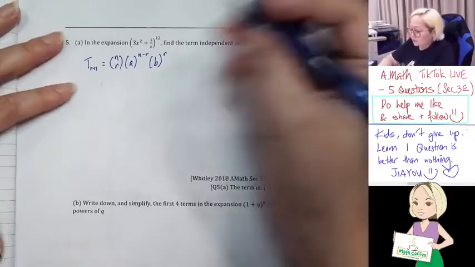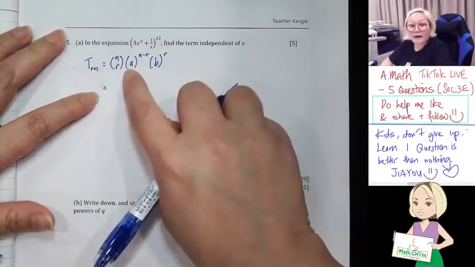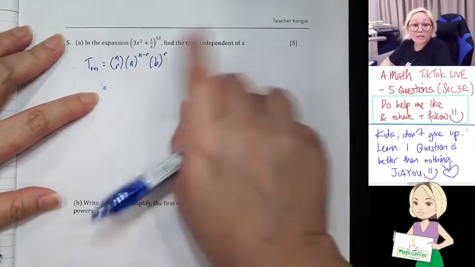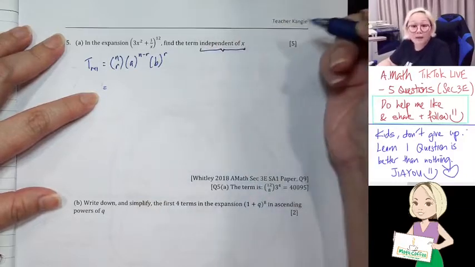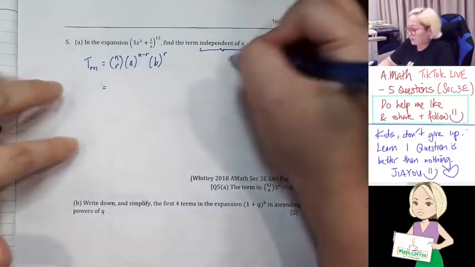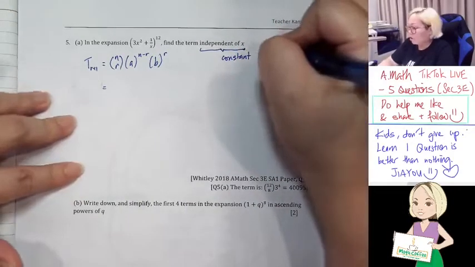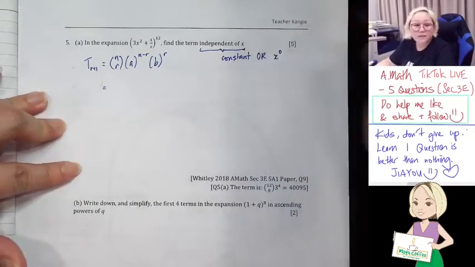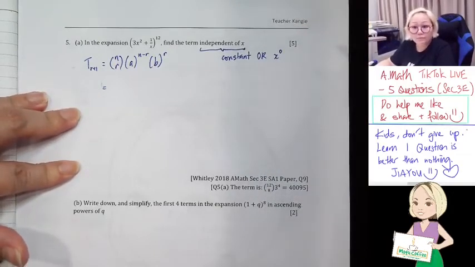Now I don't know what my r is. I want to find out which r will give me the term independent of x. First of all, what is independent of x? It means the same as saying it is a constant, or x to the power of 0. In other words, the power is 0. Understand?